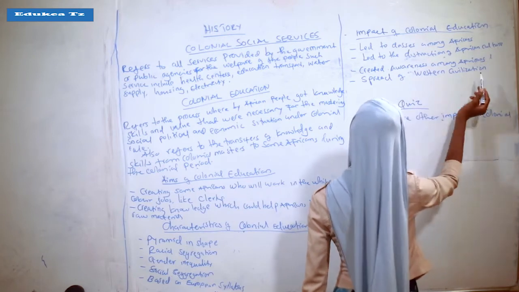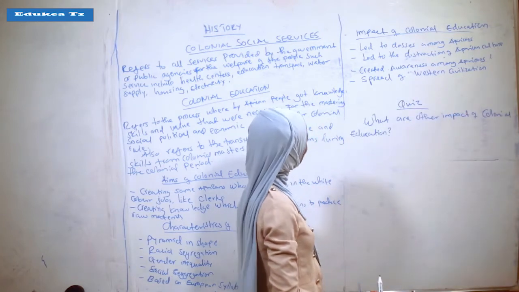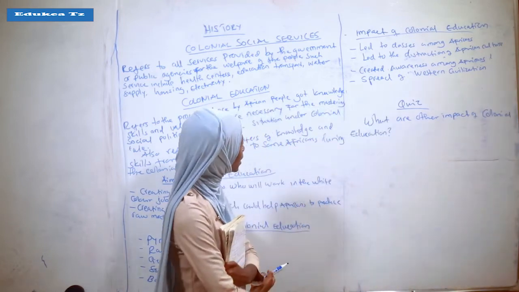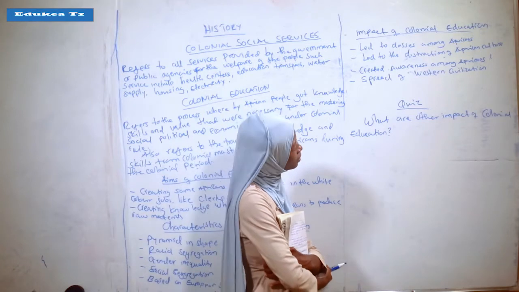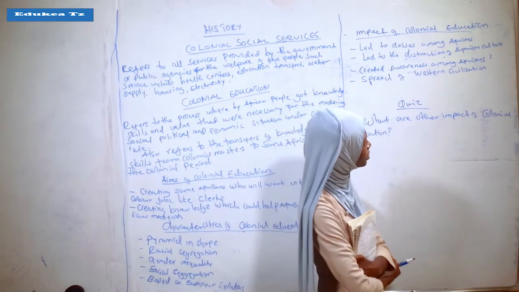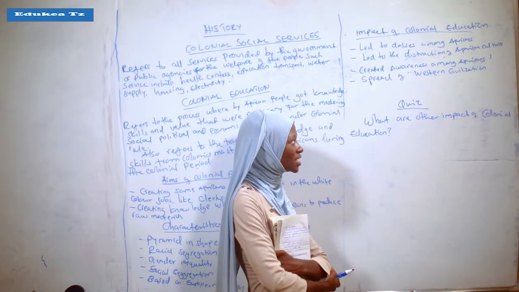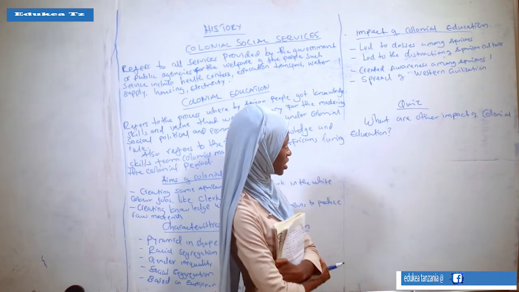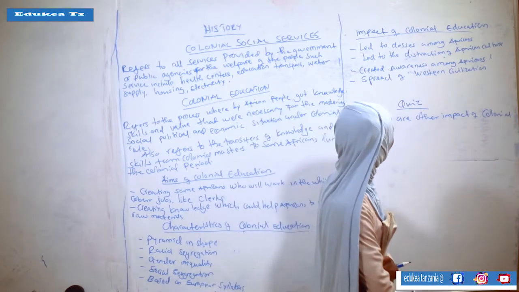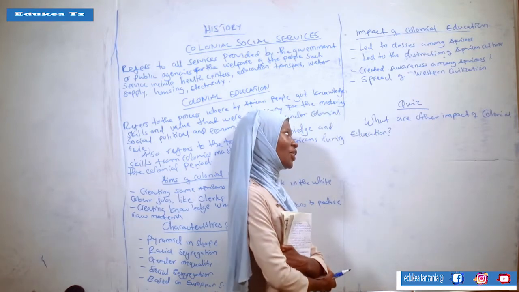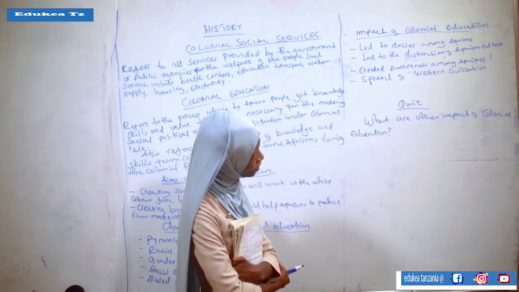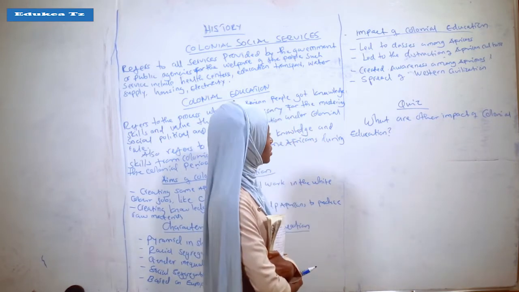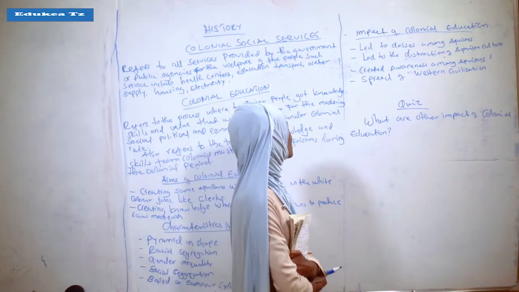Colonial education helped some of our independence leaders, for example Mwalimu Nyerere and Kwame Nkrumah, who were among the Africans who got colonial education. After getting it, they were aware of the colonial situation and came up with the aim of combating colonialism. So this can be the positive effect of colonial education, which helped erase colonialism.